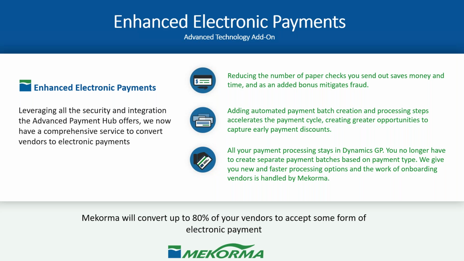So that could really range from anywhere from, let's say, $15,000 all the way up to $40,000 per year. And we're going to circle back onto our enhanced electronic payments as we go throughout and make sure that you guys are fully aware of how the program works. But really, the one thing I wanted to make sure that you were aware of is this is part of what we now call the Advanced Payment Hub.